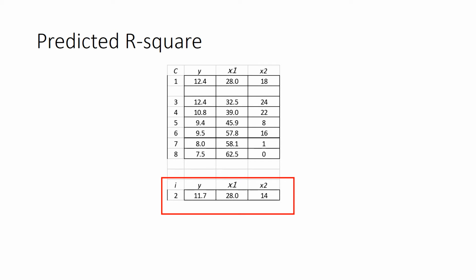It's being held out. The model is used with new data, x1 equals 28 and x2 equals 14, to predict y. The predicted y is compared to the actual y value of observation 2 of 11.7. You find the squared differences or squared residual between the two. This process continues until all of the observations have been held out one time.